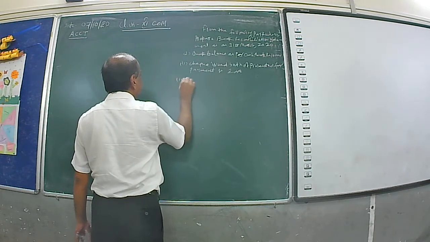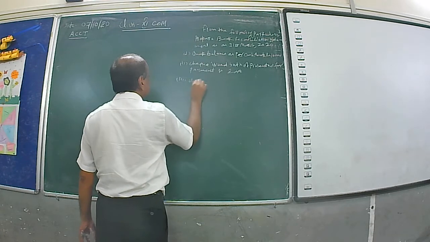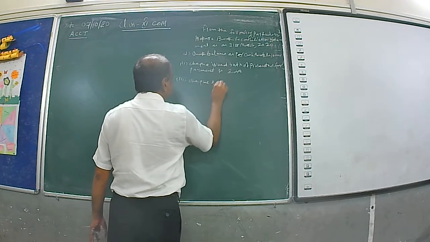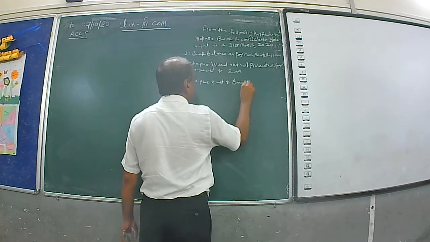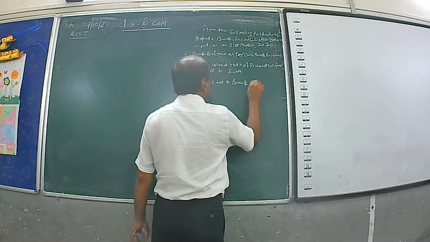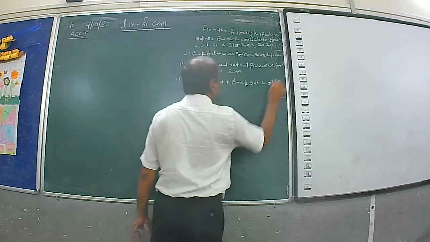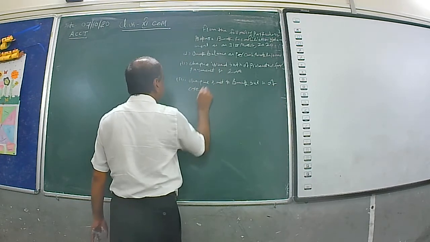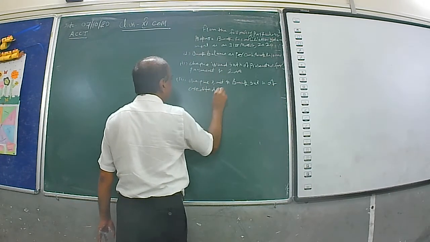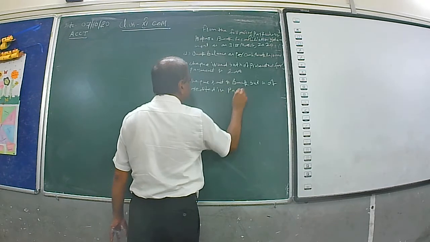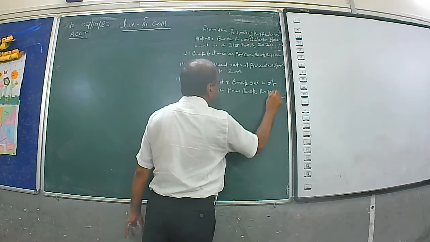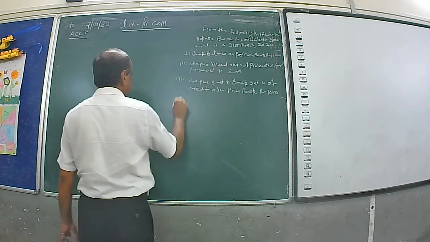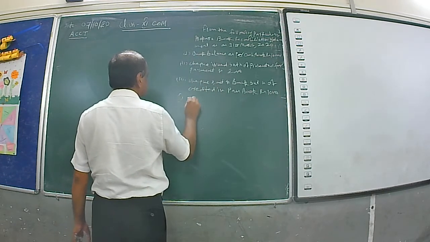Number 3, check sent to bank but not credited in passbook, rupees 1,000.